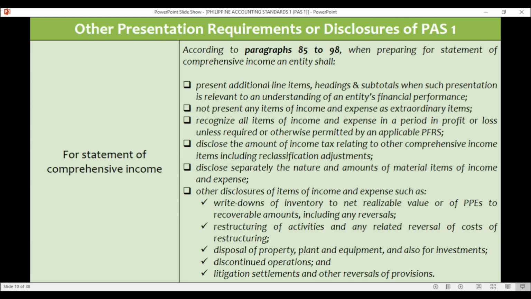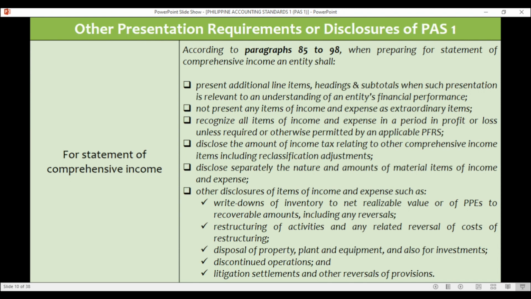Recognize all items of income and expense in a period in profit or loss unless required or otherwise permitted by an applicable IFRS. So therefore, as long as applicable, all the income and expenses, or all the revenues and expenses, should be presented in the profit or loss statement.